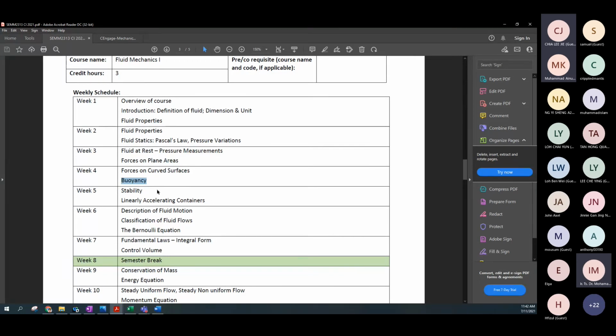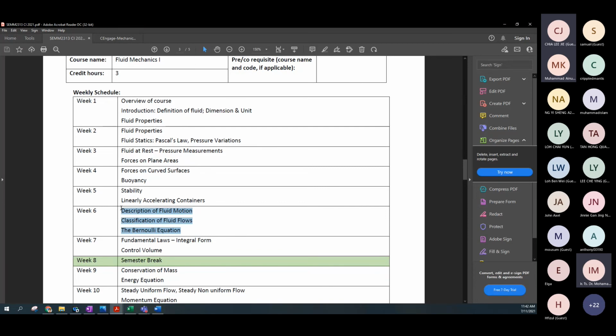For the next class, I really hope to cover up to Week 6, because your test covers up to there: description of fluid motion, classification of fluid flow, and the Bernoulli equation. If I do not cover up to this, you have to study on your own, so it will be difficult.